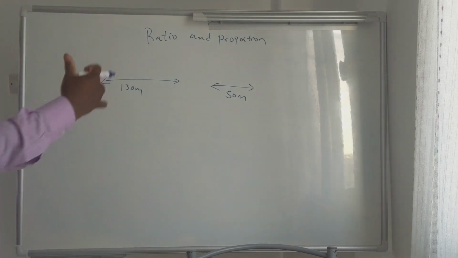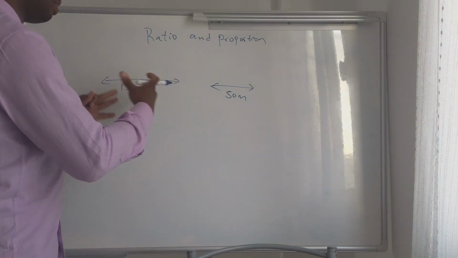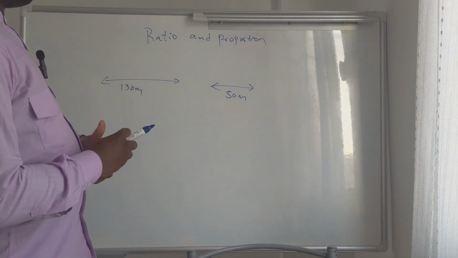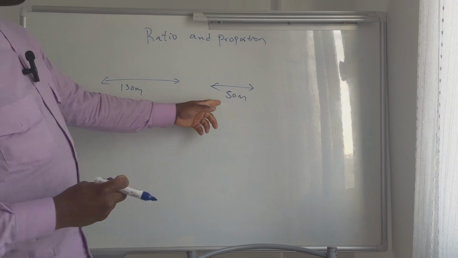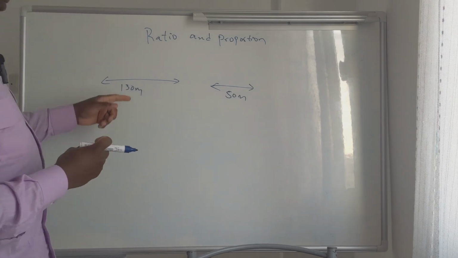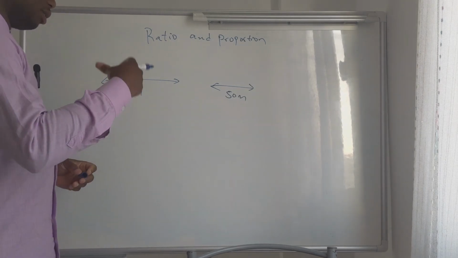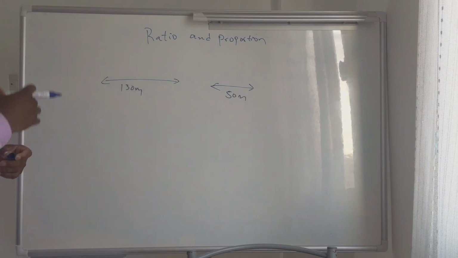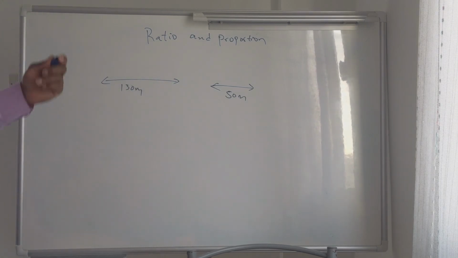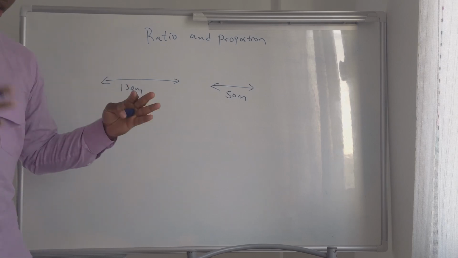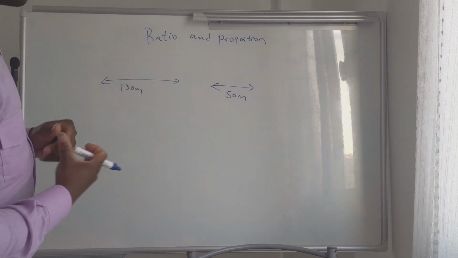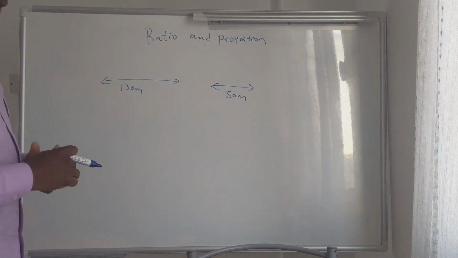So when we're trying to compare these in mathematical terms, we can say the ratio of this object to this object is 50 to 130 meters. That's the ratio. So ratio is used to compare two objects that have similar quantities.